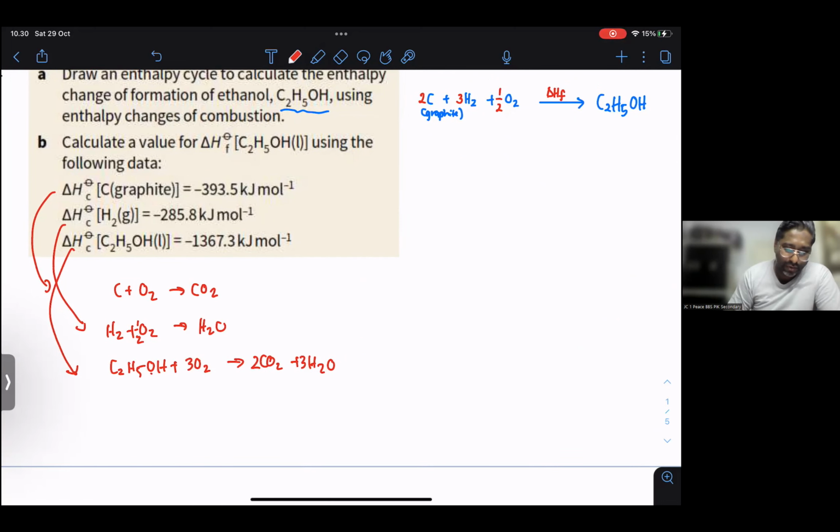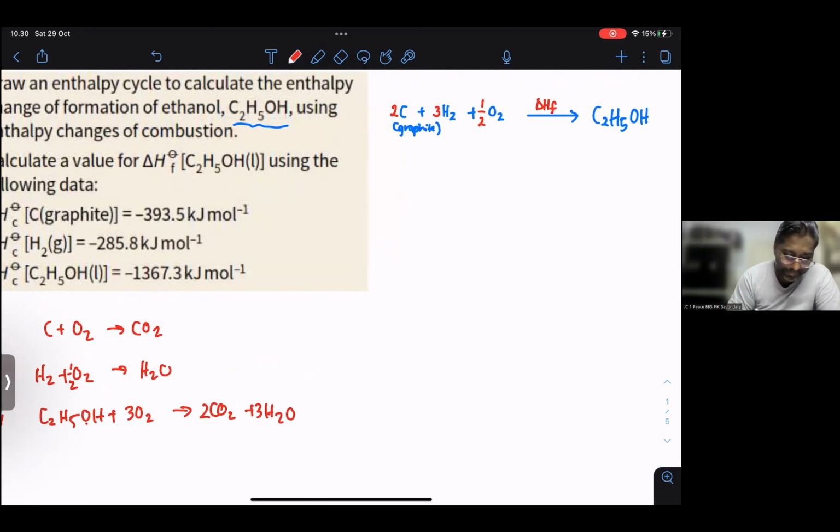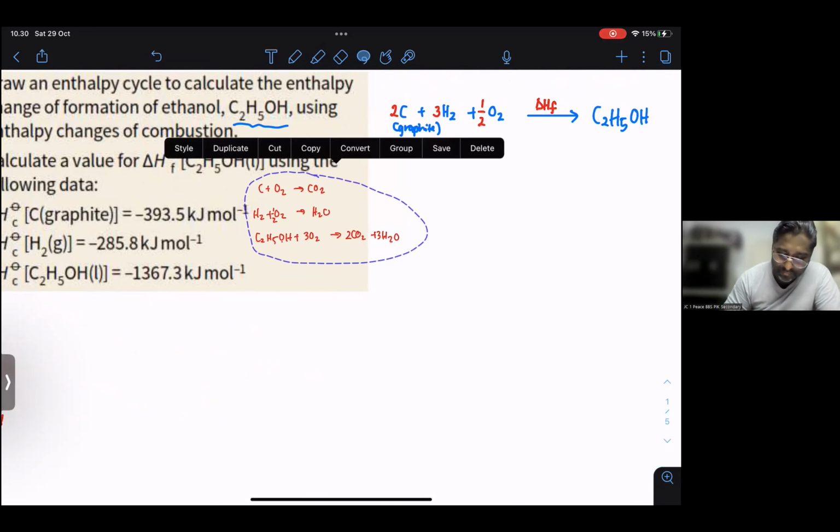Now we are going to use all these three pieces of information and try to put them into a cycle.